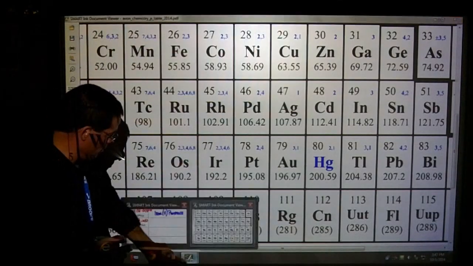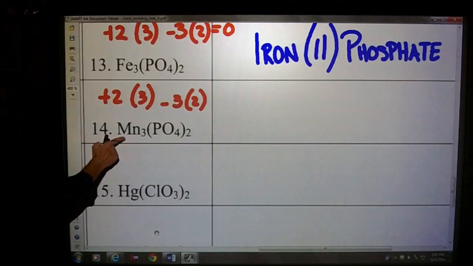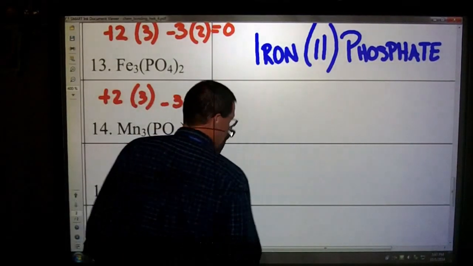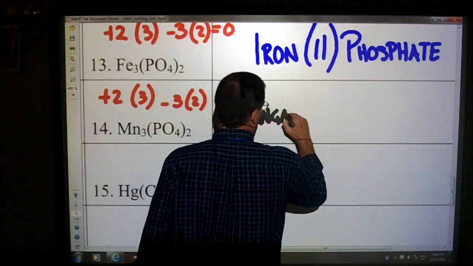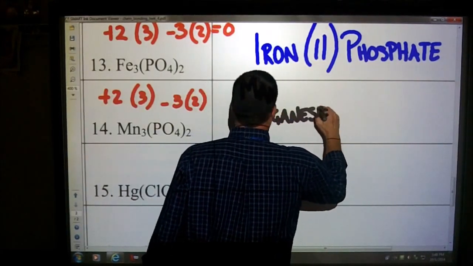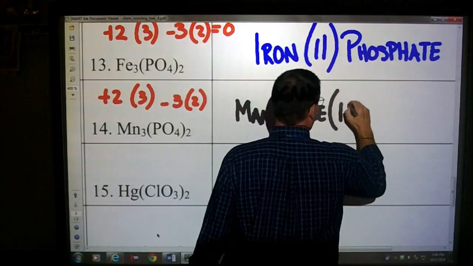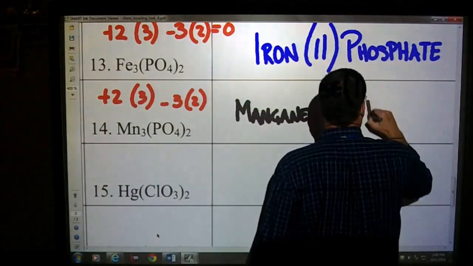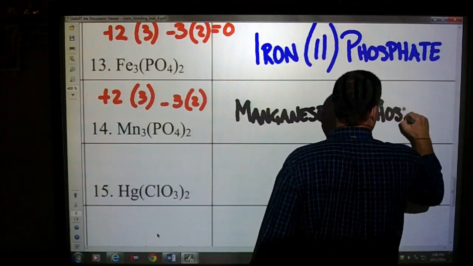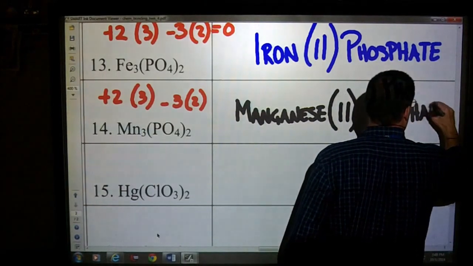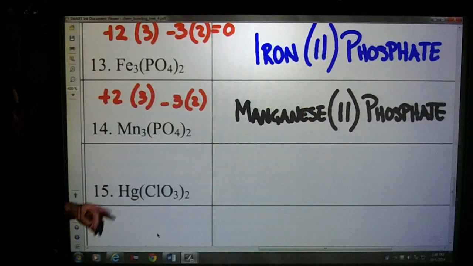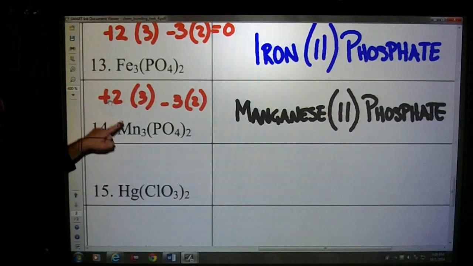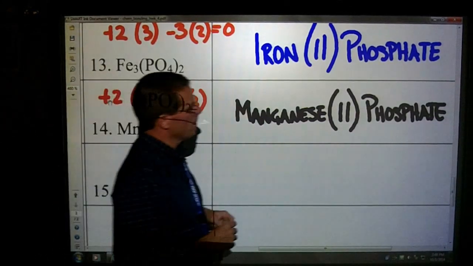There's our +2 charge. So when we look at this, we're going to call this manganese, Roman numeral 2, and phosphate. Manganese, Roman numeral 2, because each manganese atom has a +2 charge.